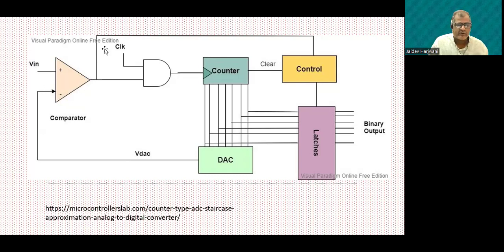This process continues until the output of the D to A converter becomes slightly greater than the input voltage; until then the counter keeps counting pulses.